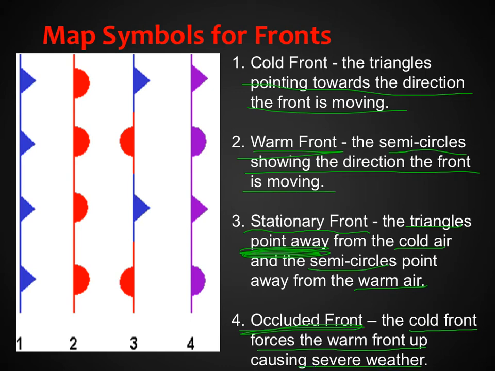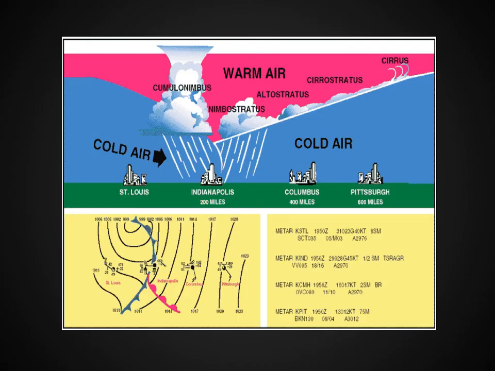Occluded fronts are responsible for a lot of the worst storms that we see that are not like hurricanes. A lot of the storms that we see here in the U.S., whenever you see these purple lines on a map, you know that bad weather is coming or is in that area. Alright, just giving you an idea of an occluded front.